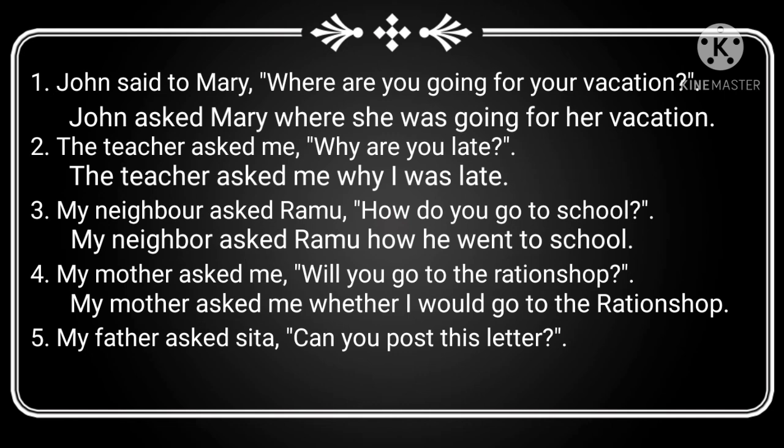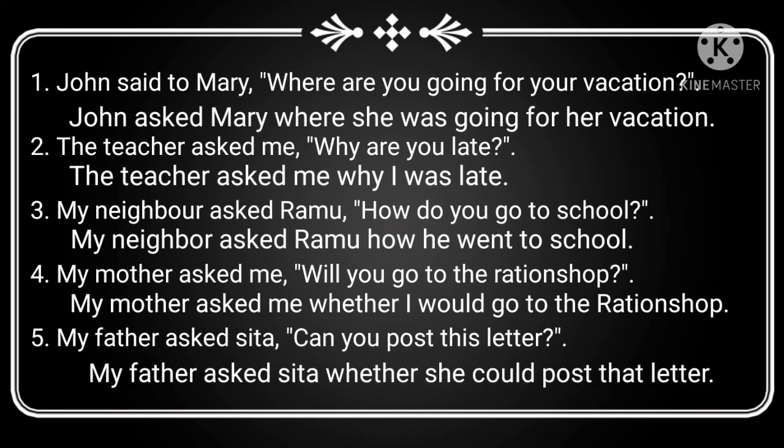Let's change the pronoun and tense. The pronoun you will change into she. Then what will be the past form of can? Yes, good, could. We have also learned that this will change into that while converting direct speech into indirect speech. So now we got the indirect form of the sentence: my father asked Sita whether she could post that letter.